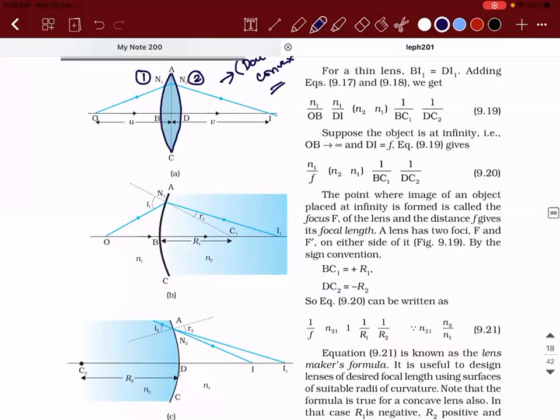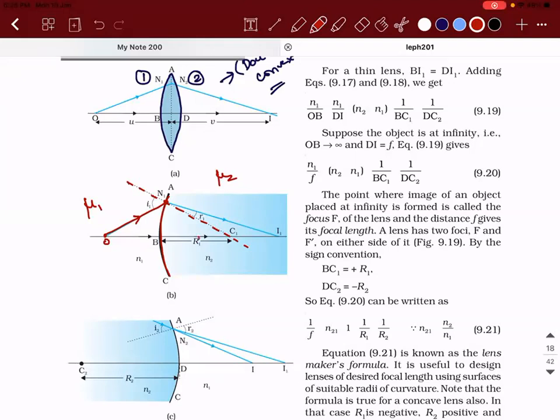If I take the first refracting surface like this, then if I take a point object which is placed here, right? So this medium is mu1 and mu2. What is going to happen is the ray from the first medium is going to travel like this. It is hitting the spherical surface at this point. At this point, I am drawing the normal.